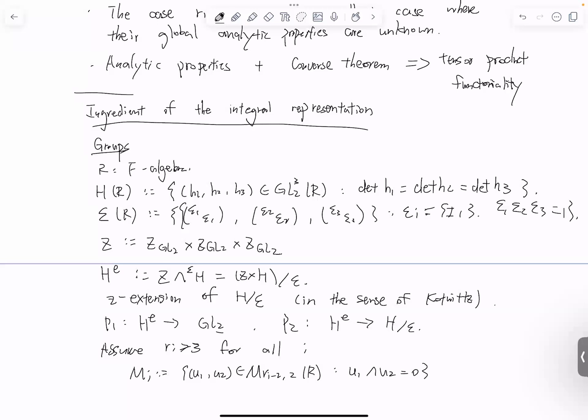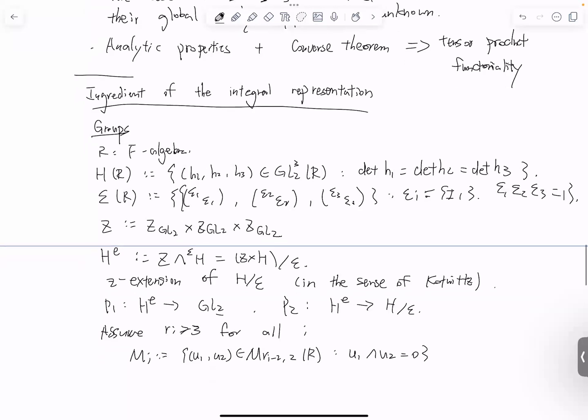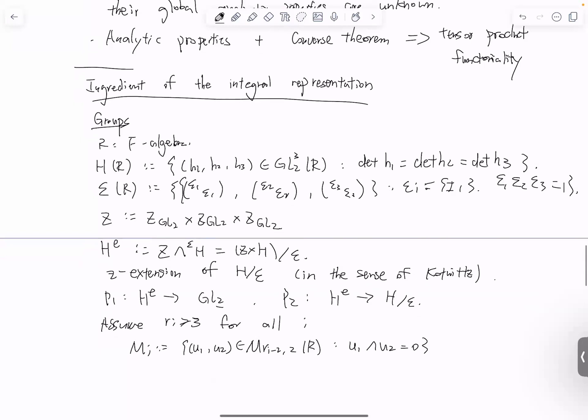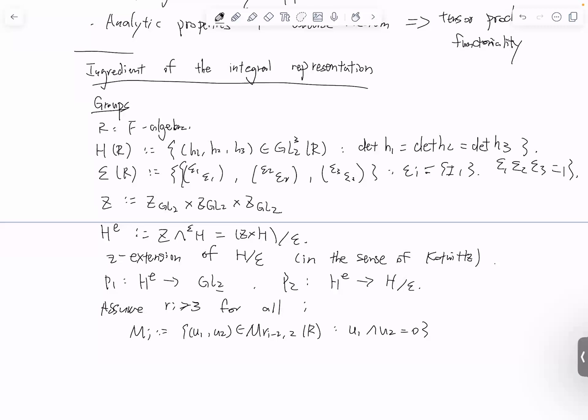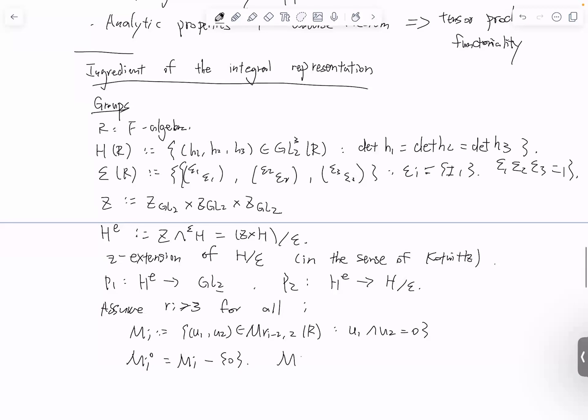So this is a subset of Ri minus 2 matrices that have rank 1. And then I denote Mi circ to be Mi minus the 0 point, and M to be the product of the 3 Mi, and M circ to be the product of the 3 Mi circ.